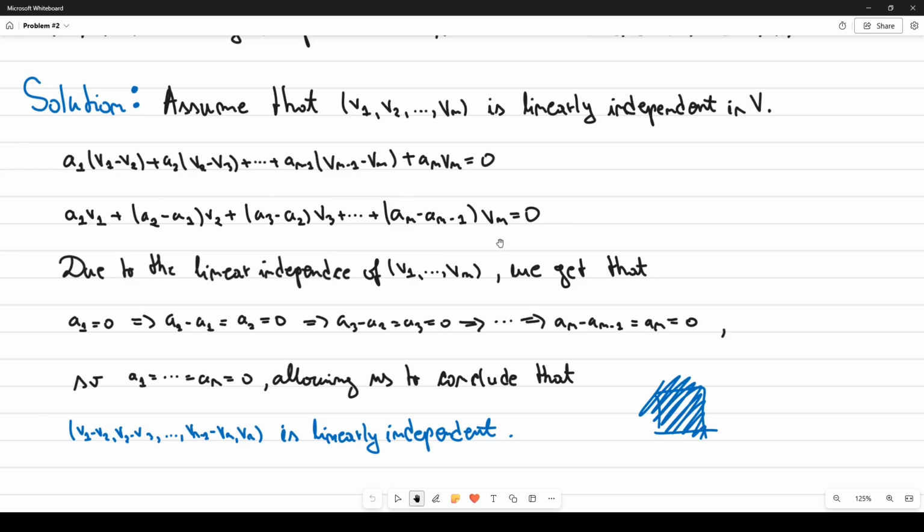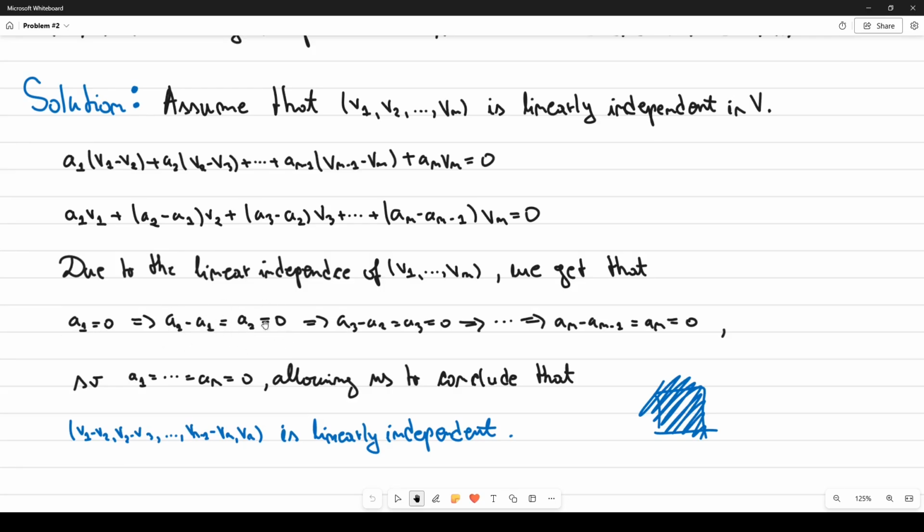Using the fact that V1, V2, all the way to Vn are linearly independent, it follows that these scalars have to be equal to 0. So we get that A1 is equal to 0. Then we get that A2 minus A1 has to be equal to 0, but we know that A1 is equal to 0, so A2 has to be equal to 0.